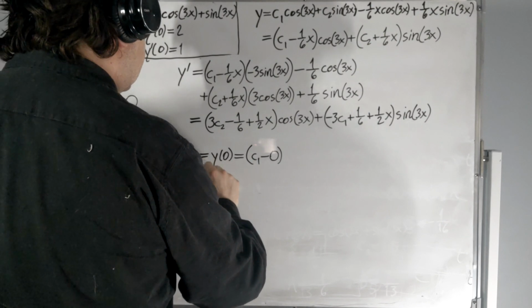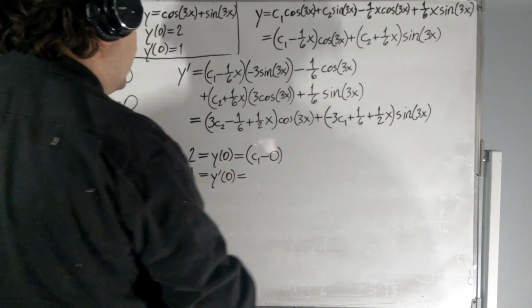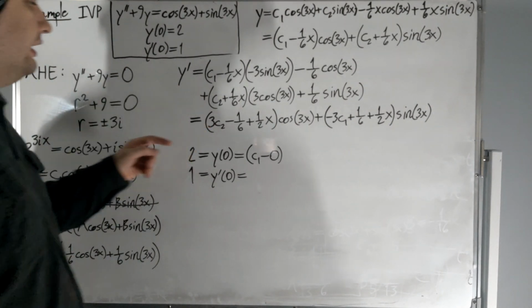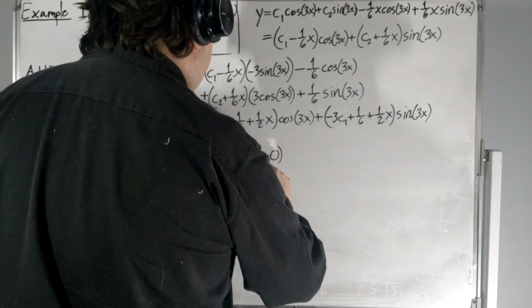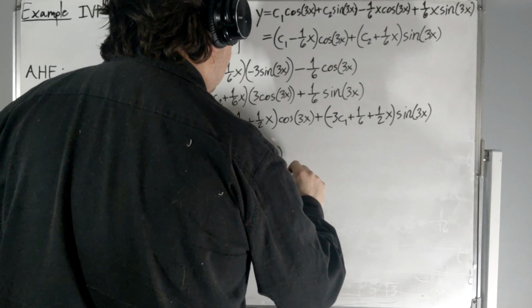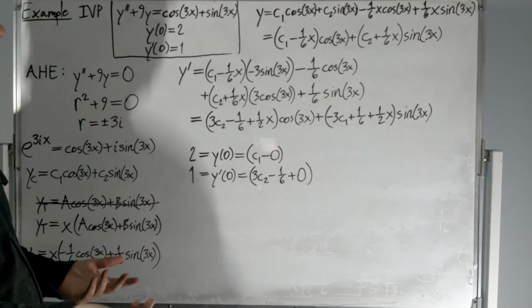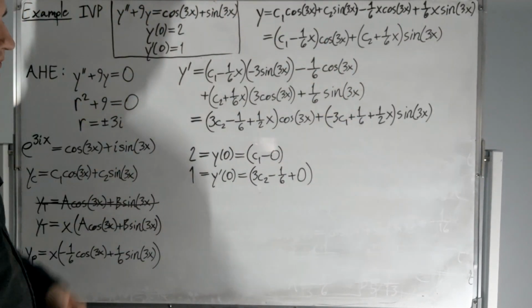Meanwhile, 1 has to be y prime of 0. So that's going to be 3c2 minus 1/6 plus 0 times cosine of 0 is 1, and then sine of 0 is 0.